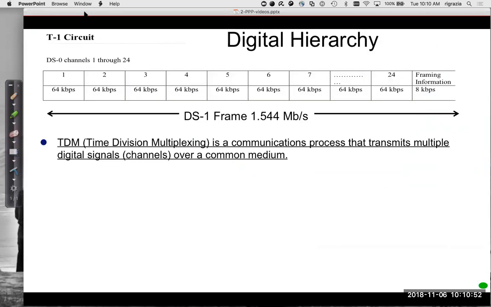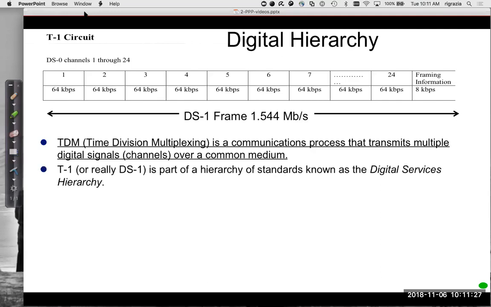All right, this all comes about from many years ago when the telephone companies came up with something called time division multiplexing. And I talked about this in a previous video, in which communications is actually multiplexed over a single link. So they could actually send 24 separate channels of data of 64,000 bits per second per channel over this T1 circuit, or as we'll actually call it, a DS1 circuit.